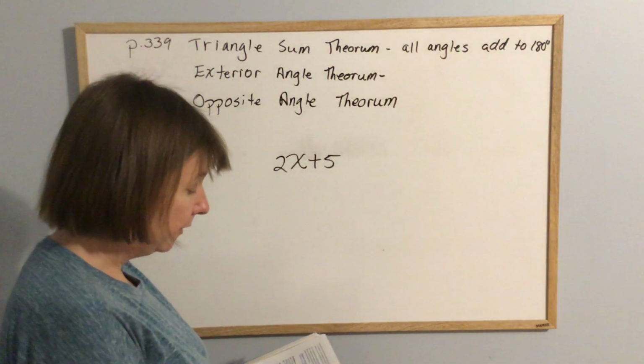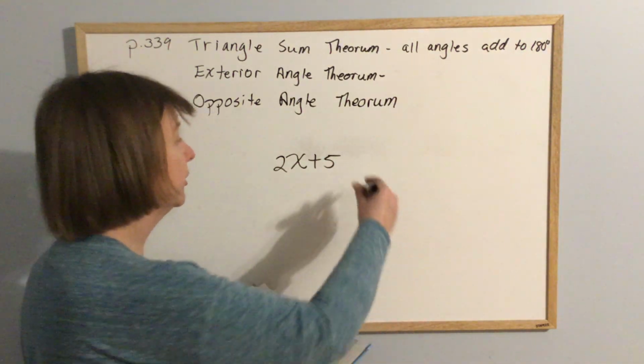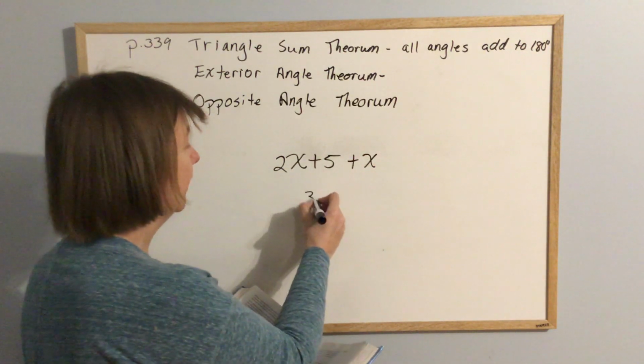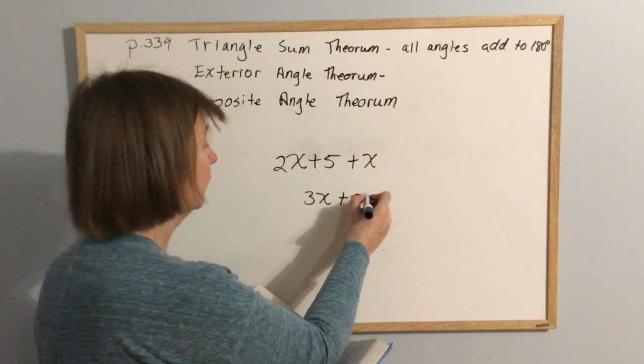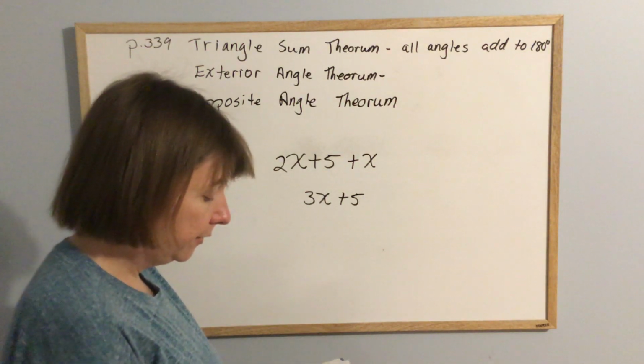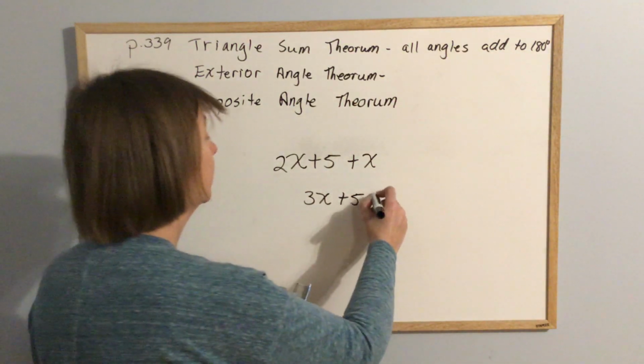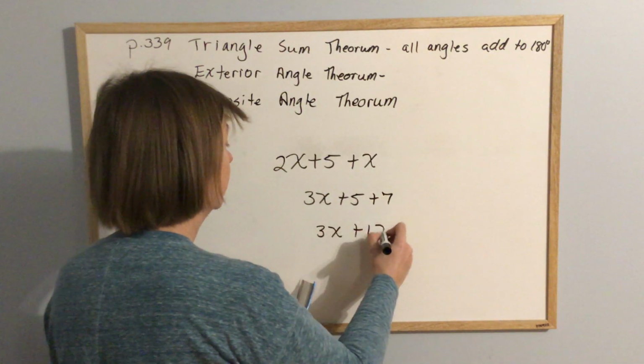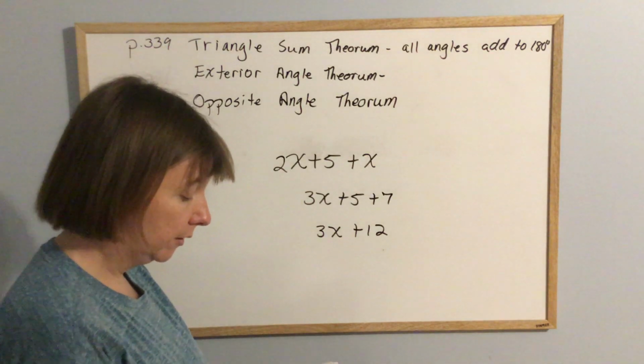And then I said add your original number, so add x. So if I simplify that, now I have 3x plus 5. Then I said add 7. So if I add 7, now I have 3x plus 12.